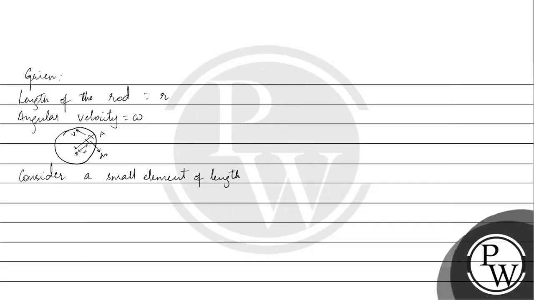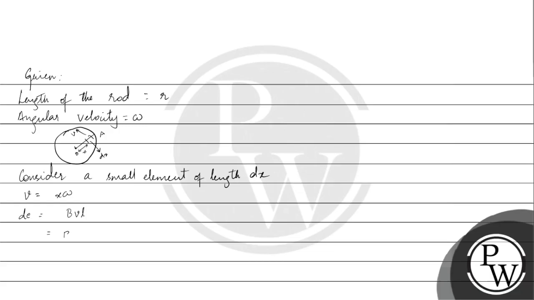So now we can see this small element में एक induced EMF है dE, which is given by B V L. So in this case, this is B, V is x into omega and L is dx. So small element के across induced EMF होगा B omega x dx.